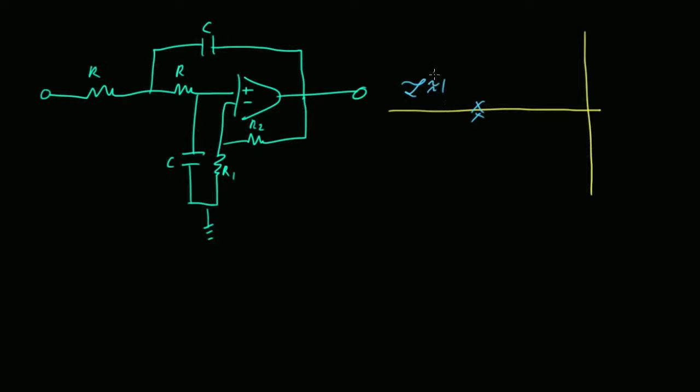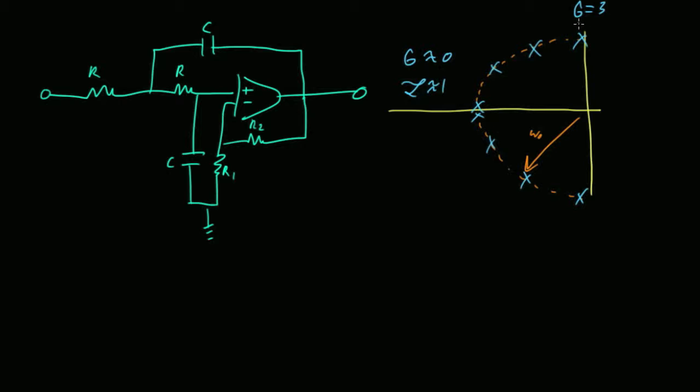Imagine a circle with radius omega naught. As you increase your gain, these poles travel along the circle until they get right up to the edge. Now, when they're right up to the edge, gain is 3, which means zeta is pretty close to 0.